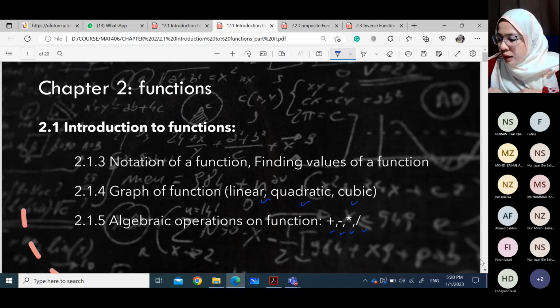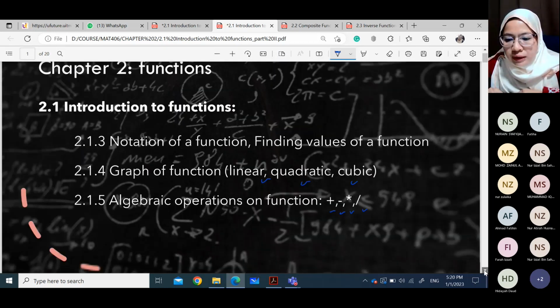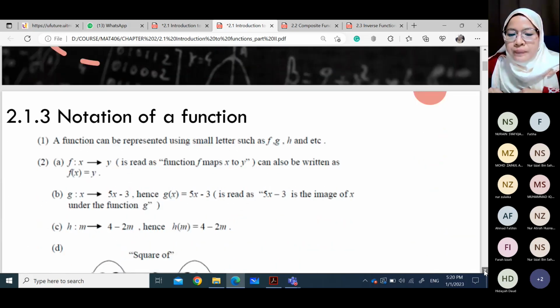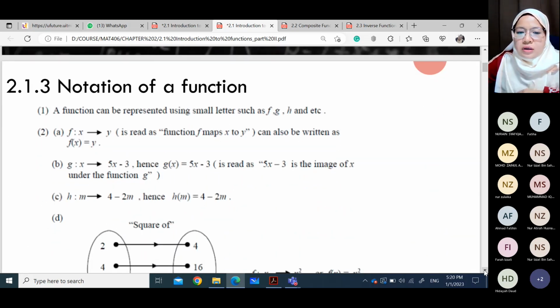Okay. Alright, so next, so now we look at notation of a function. Okay, so a function can be represented using small letters such as F, G, H, and others.